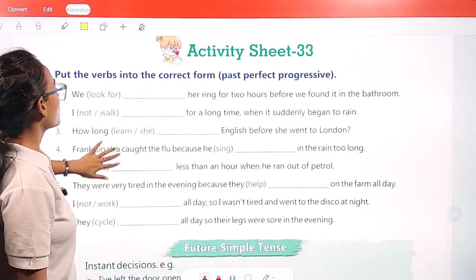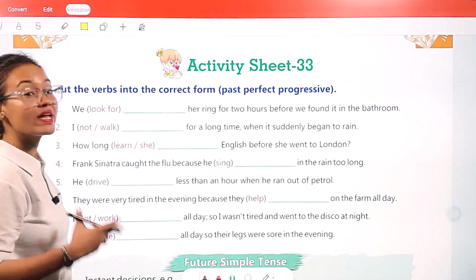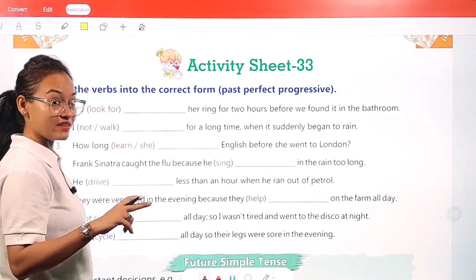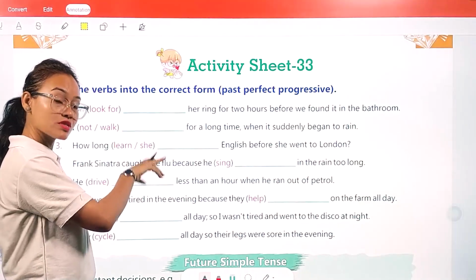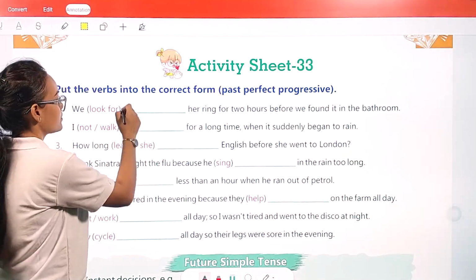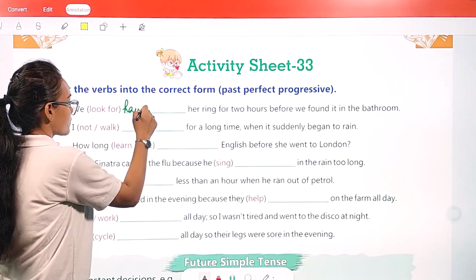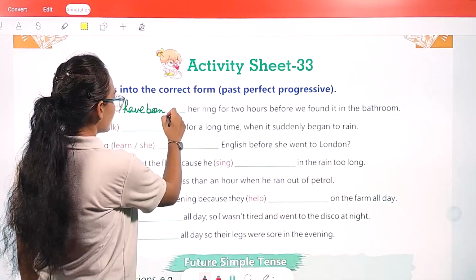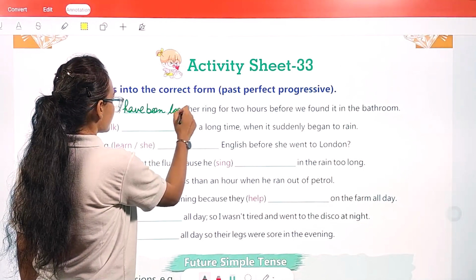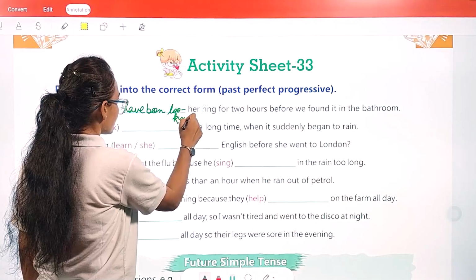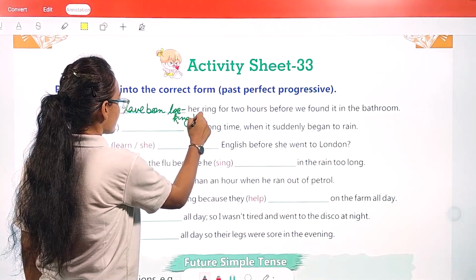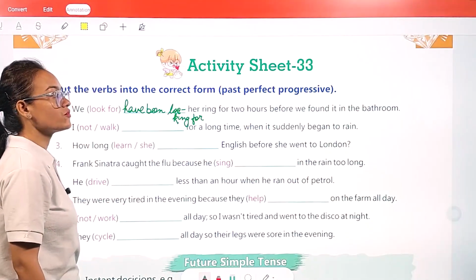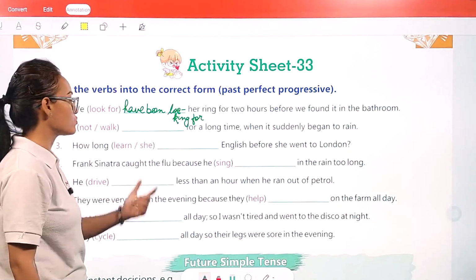We have been looking for. Okay. Because have and had both we are going to use here. We have been looking for her ring for 2 hours before we found it in the bathroom.